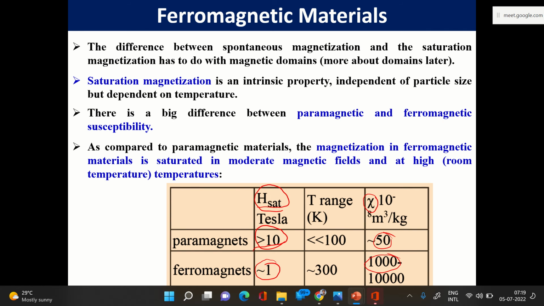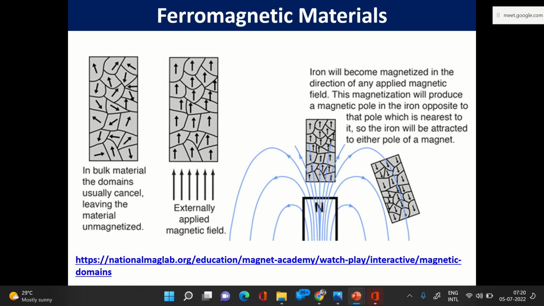So these are the essential features. You also have the range in which these magnetic properties can be observed. For ferromagnets, you can observe them around room temperature. For paramagnetic behavior, you will be able to observe these properties only below 100 Kelvin. So this is the situation.